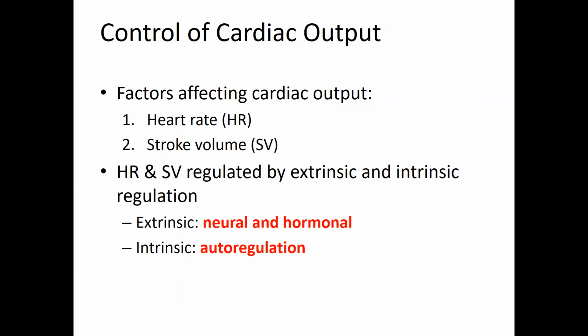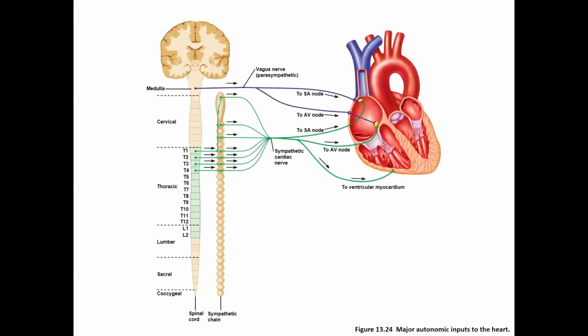Intrinsic control, which is regulating itself, versus extrinsic control, which is basically nerves and hormones that have an input on heart rate and contractility. Now this schematic diagram should be a little bit familiar, and it's showing us how the autonomic nervous system influences the heart.